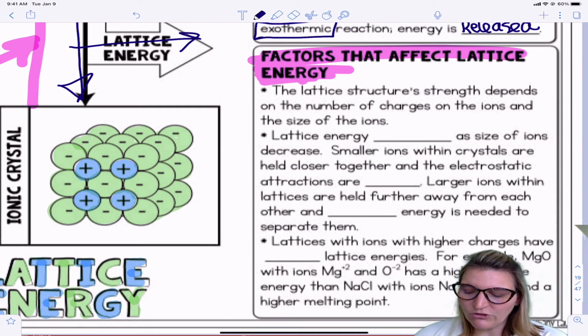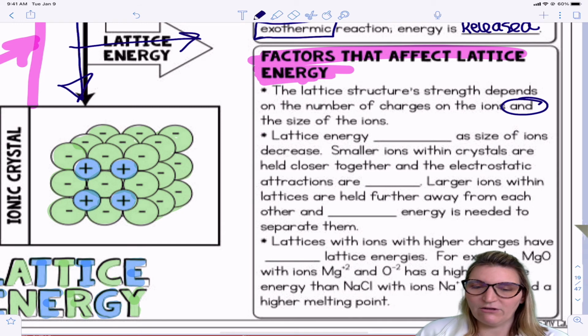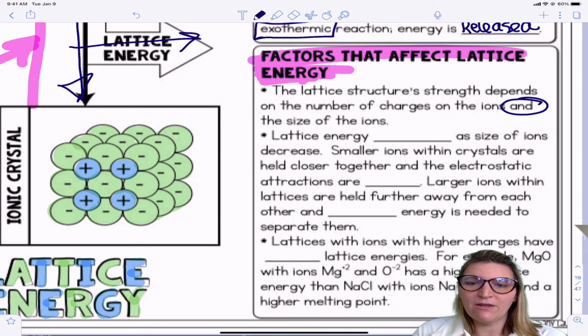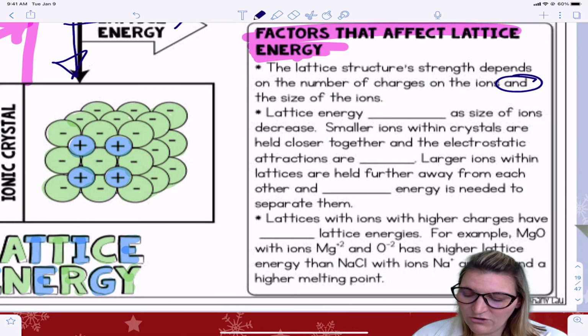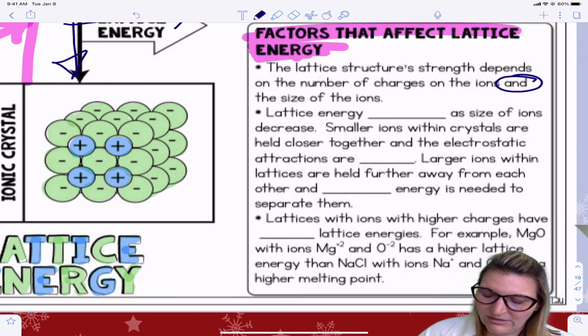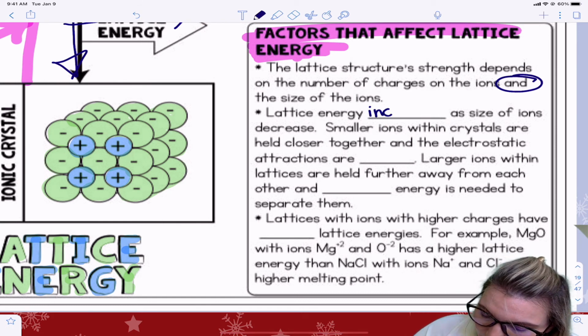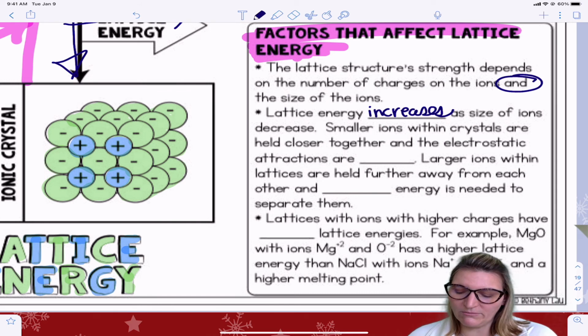The lattice structure strength depends upon the number of charges on the ions and the size of the ions, right? It's two different measurements that can influence the size of lattice energy. Lattice energy increases as the size of ions decreases. And this is all back to Coulomb's law.